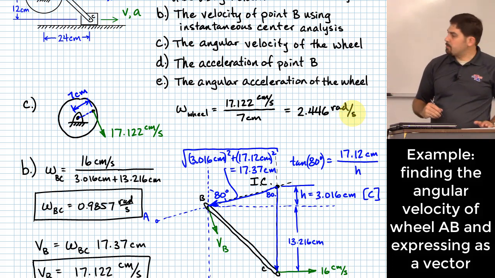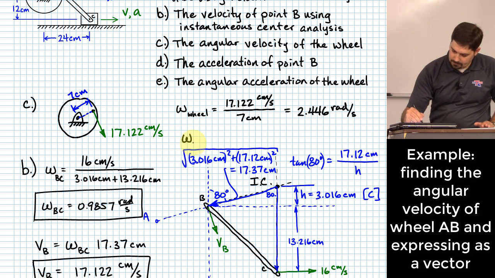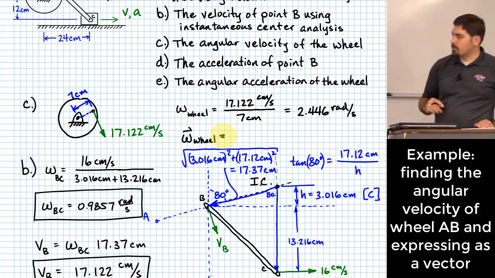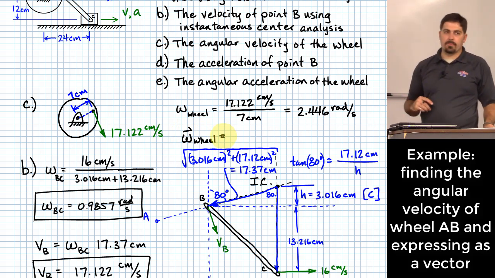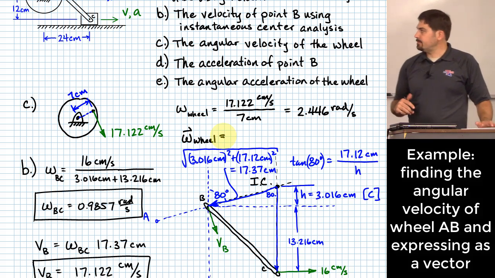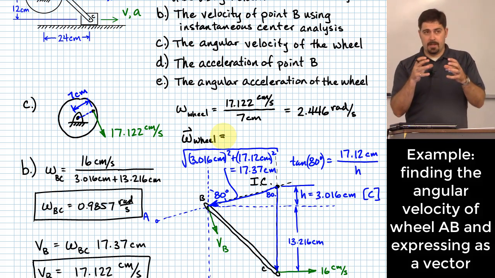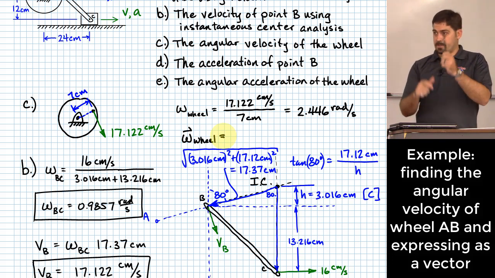Now, what if I want to express this as a vector? Okay, first of all, what axis is it rotating around? Okay, directionally, the axis it rotates around is going to be the z-axis, right?